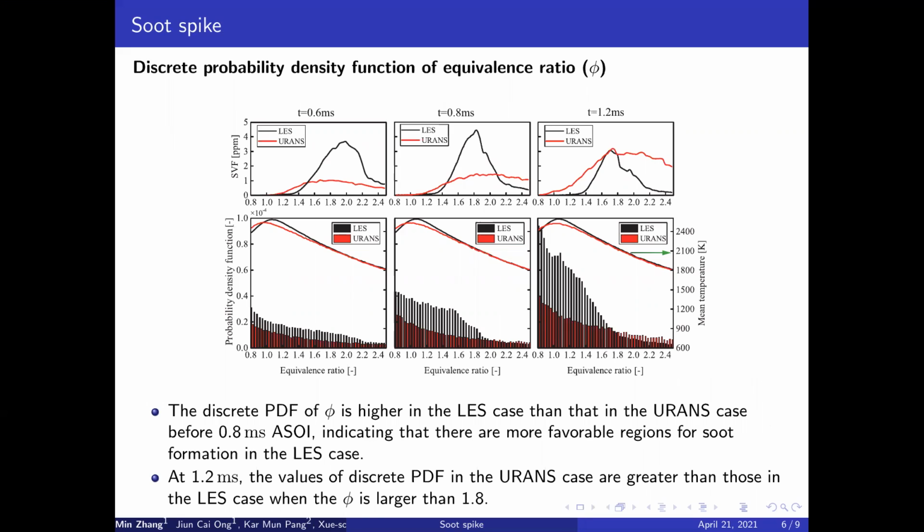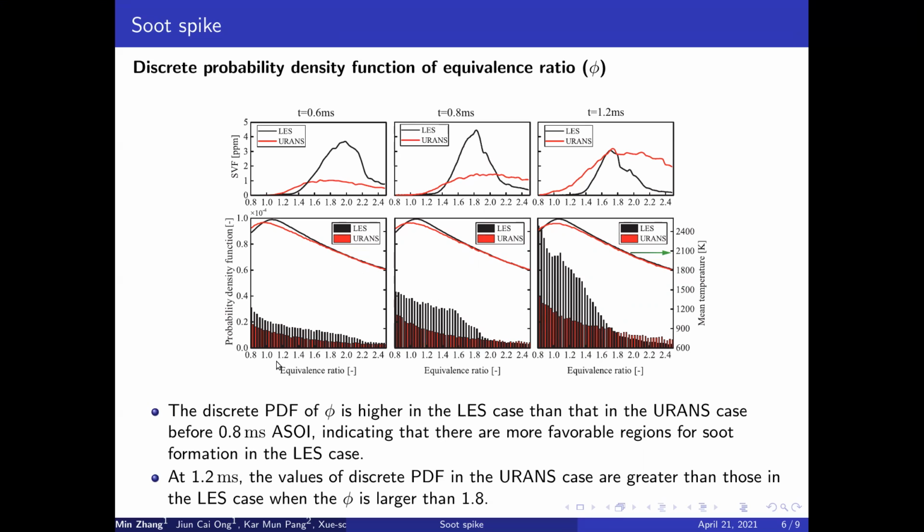Here we did a discrete PDF of equivalence ratio. For the top picture, we show the soot volume fraction as a function of equivalence ratio. For the bottom pictures, we show the PDF as a function of equivalence ratio for both LES and URANS cases.